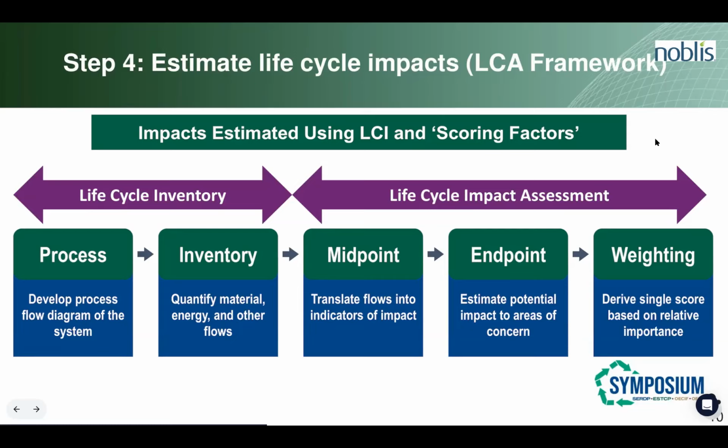And actually, these are done simultaneously with the scoring factors that we'll walk through today, but there's a number of very detailed midpoint impacts, and we'll show examples of those midpoint impacts. And there's endpoint impacts, like impacts to the ecosystem or social cost or greenhouse gas emissions. And then there's rating, which is how can you decide on the relative importance of all of these outputs.